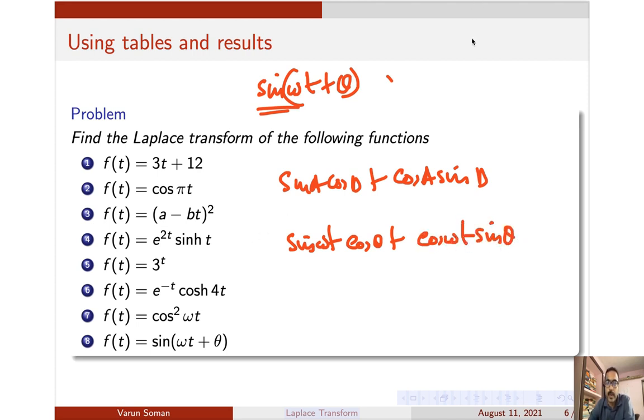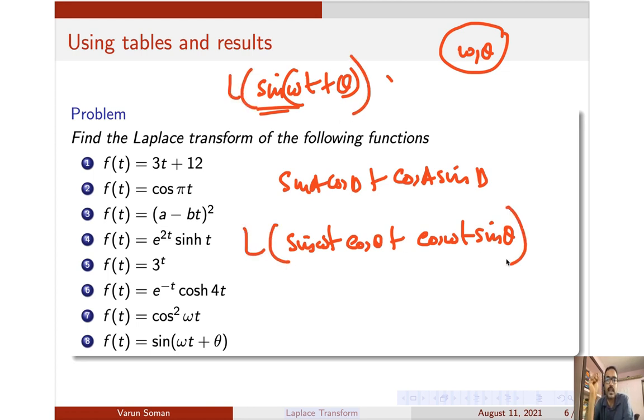You know that omega and theta are constants, remember that. So sine of omega t plus theta can be written as this. In order to find its transform, I need to find the value of this one. I hope this is clear. Now how will I find it? Before we try, let us mark out the constants here. Theta is a constant, so can I say that cos theta and sin theta are constants here?